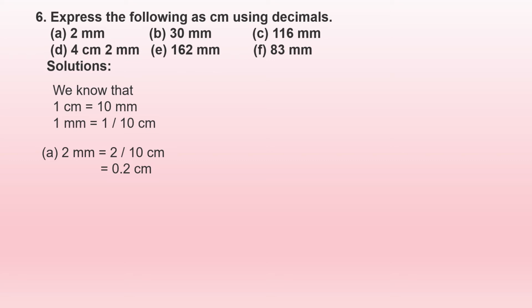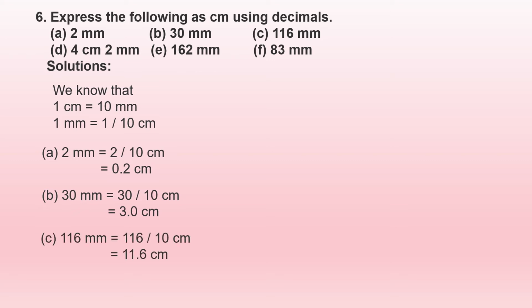That is equal to 0.2. 30 millimeter, 30 by 10. That is equal to 3.0, that is 3 centimeter. Now question C, 116 millimeter. 116 millimeter means 116 divided by 10. That is equal to 11.6 centimeters.